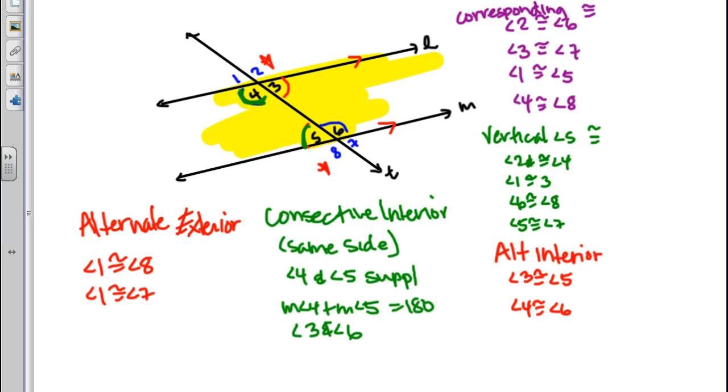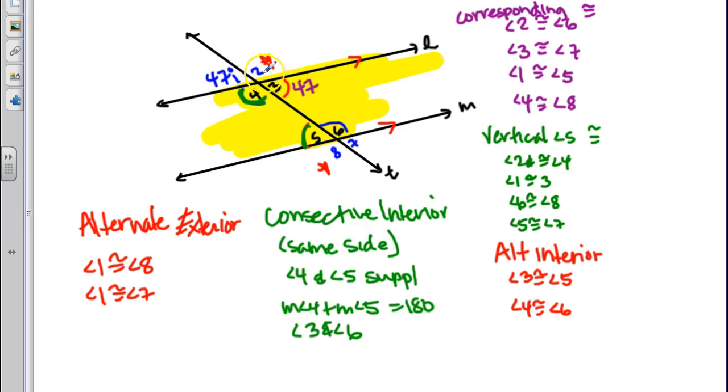Now, we also have another thing that we've talked about a lot. We have linear pairs here. So 1 and 2 are a linear pair, 2 and 3, 3 and 4, 4 and 1, and we could do the same thing with the other set. So the cool thing that happens with this, and you'll see this as we work some examples, is if I give you one measure, so if I tell you angle 1 is 47 degrees, you can find every other angle on here. Because first of all, you already know these 4 in this set, because you know vertical angles are congruent.